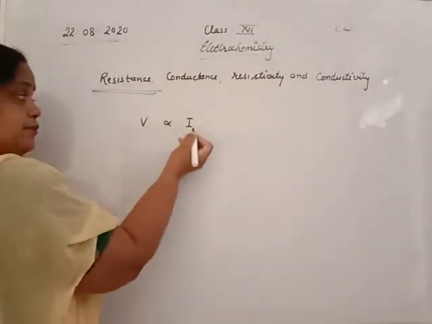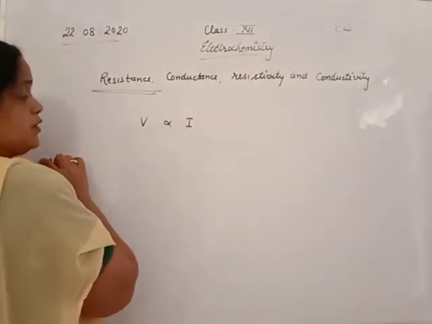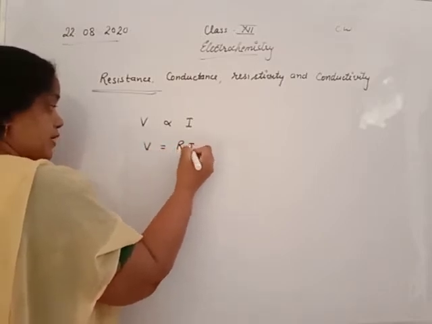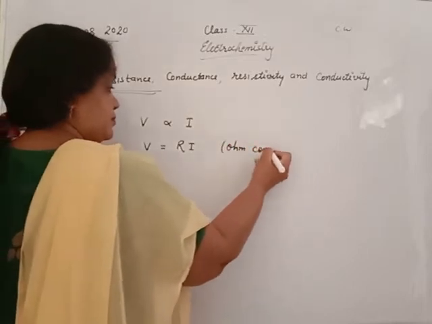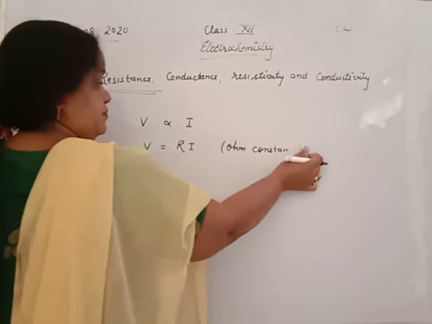V is the potential difference, I is the current. When we remove the constant of proportionality, it is R. R is the Ohm's constant, or we can say resistance.